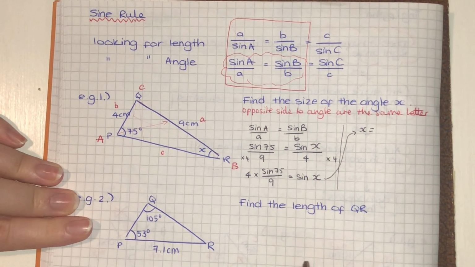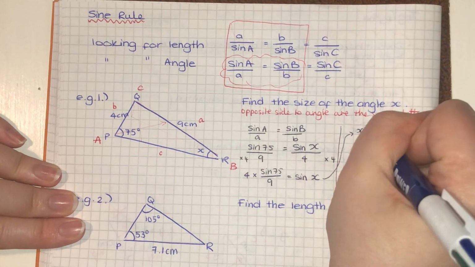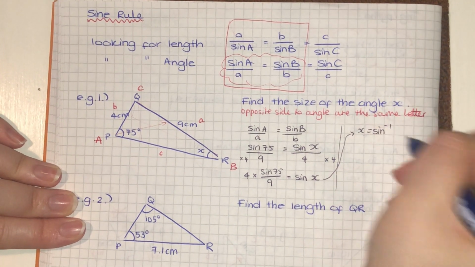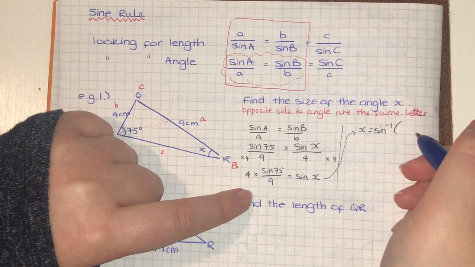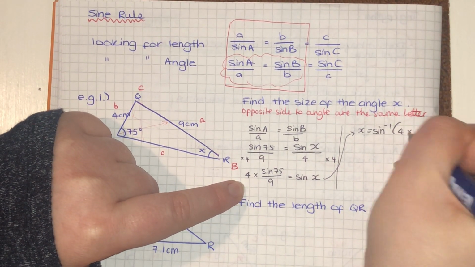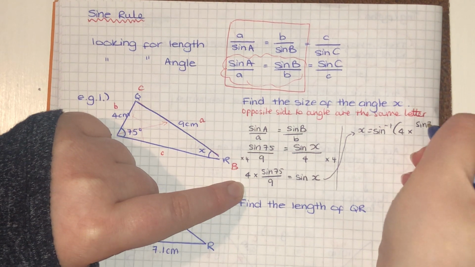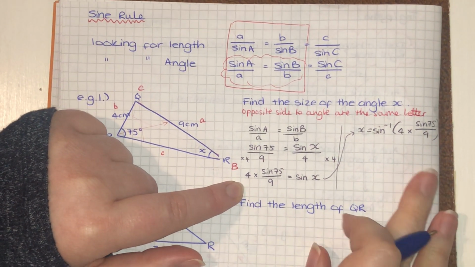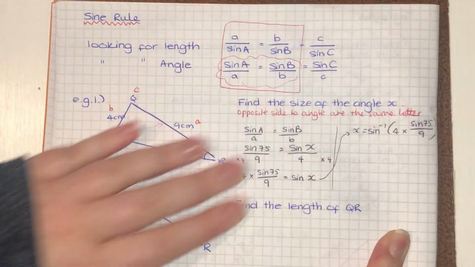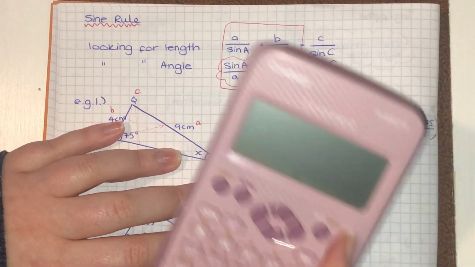The only way to do that is to do the inverse of sine, which is sine with a -1, like that, of the other side. So it would be sine to the -1 of 4 times sine 75 divided by 9. Can you see that? Yeah. And we just type that into a calculator.